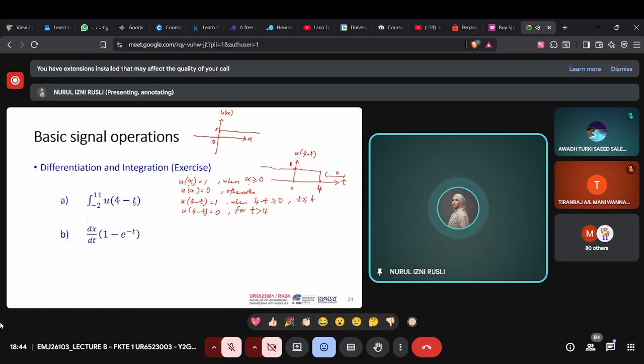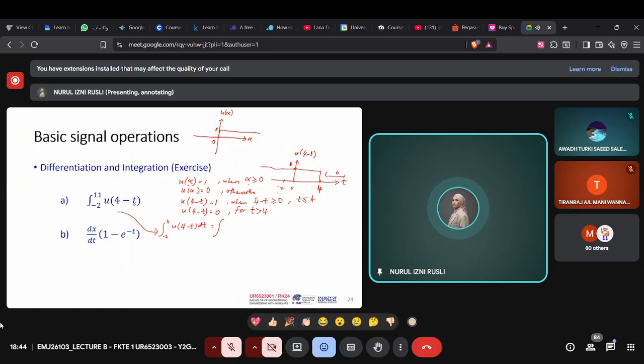So you could now break this integration up. You have the integration from minus 2 to 11 of u of 4 minus t dt. Now you could break the integration into, you know that minus 2 is somewhere here, right?